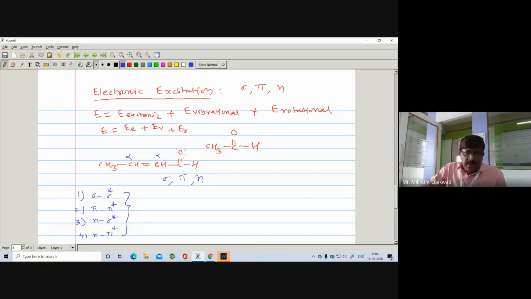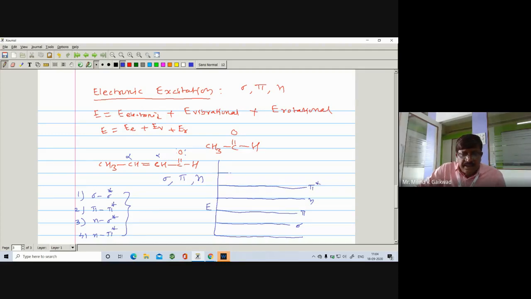So here, sigma to sigma star. If I draw the diagram, here is the energy, and suppose this is a sigma electron, this is a pi electron, then a non-bonding electron, then the corresponding antibonding orbital pi star, and then sigma star.